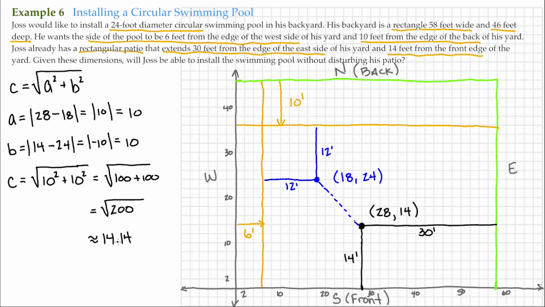And of course, we're dealing with feet, so we're going to write that as feet. So this distance here, that is 14.14 feet. So it seems like Joss does have enough room to put in his circular swimming pool, given these dimensions. So here we use the coordinate system to lay out a backyard.